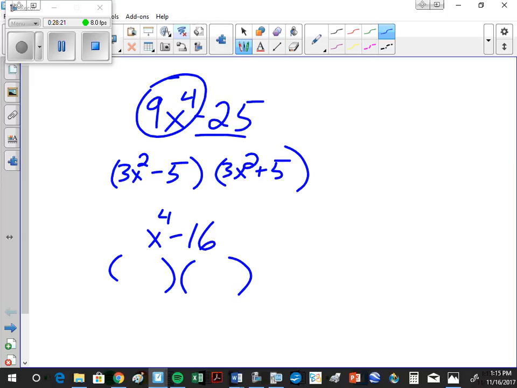Yes. X squared minus 4 and x squared plus 4. Can I go further than that? Which one? Just the left one. Why not the right one? It's positive. This one will become x minus 2 and x plus 2, and this one just stays as it is.